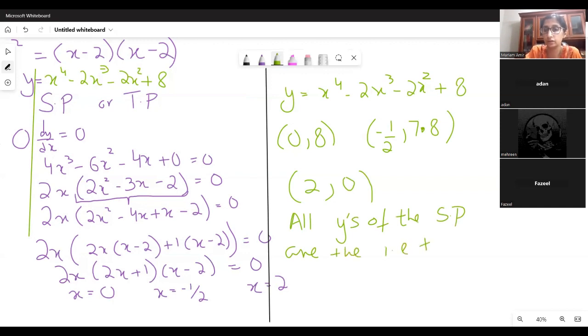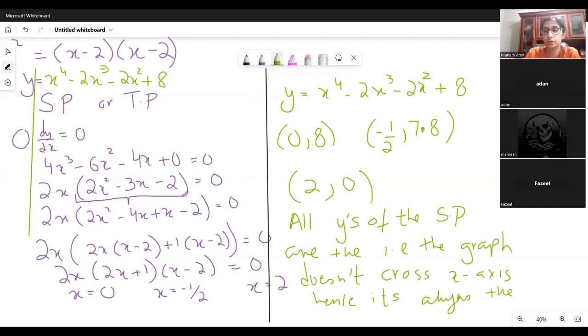That is, the graph doesn't cross the x-axis, hence it's always positive. और वो x एक्सेस के ऊपर है, तीनों टर्निंग पॉइंट्स, so the graph is always positive. I think इसका ग्राफ कुछ ऐसे बनता है अगर आप इस curve को sketch भी करो.